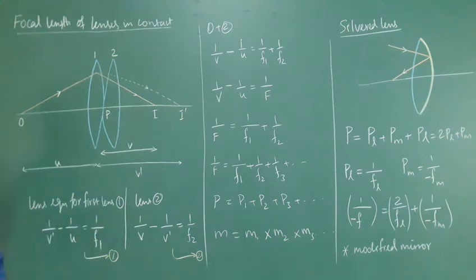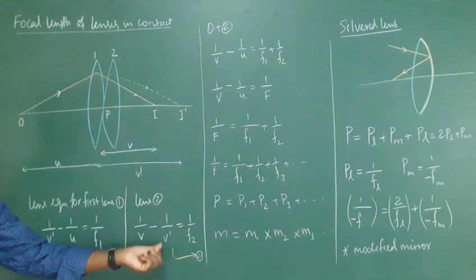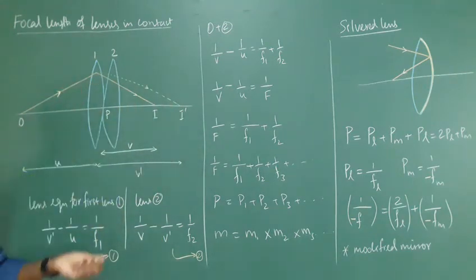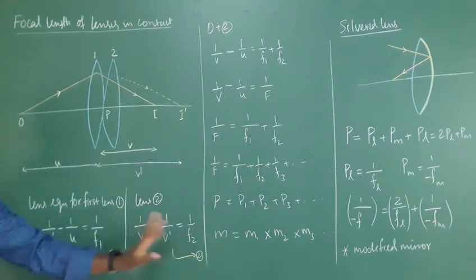Similarly for lens 2, I dash acts as the object, so 1 by V minus 1 by V dash is equal to 1 by F2.